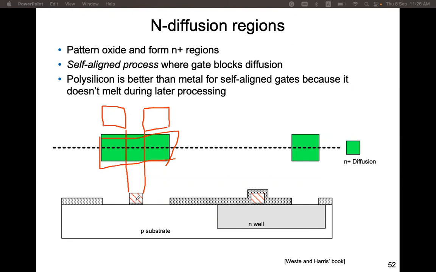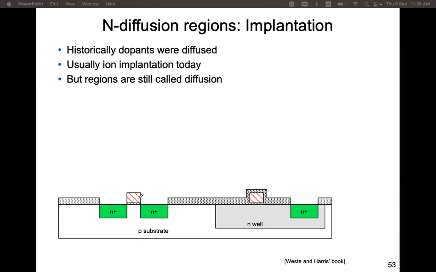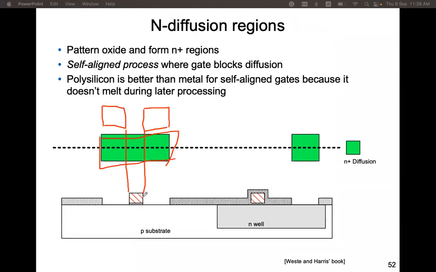Now, in the formation of the diffusion like this, to form the N region, this region is opened, not covered by silicon dioxide. This silicon dioxide is a protective region. This region is also opened and not covered by silicon dioxide.